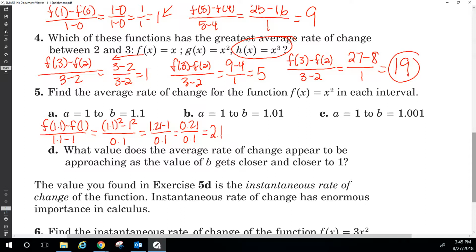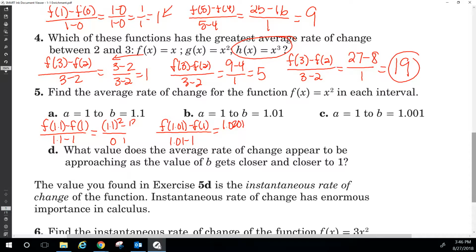All right, I'm going to erase just a little bit so we have some more room here. Hopefully you got that down. For this one, we got f of 1.01 minus f of 1 all over 1.01 minus 1. f of 1.01 would be 1.01 squared. That's 1.0201.